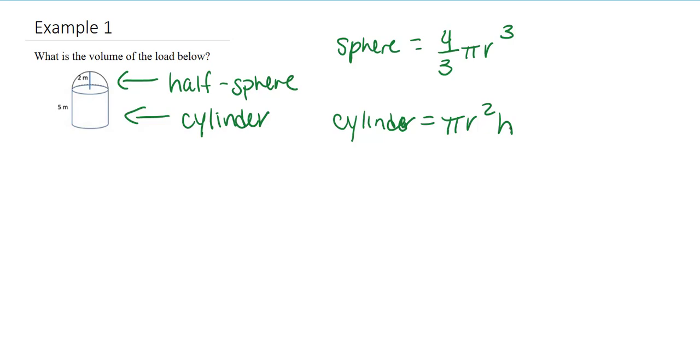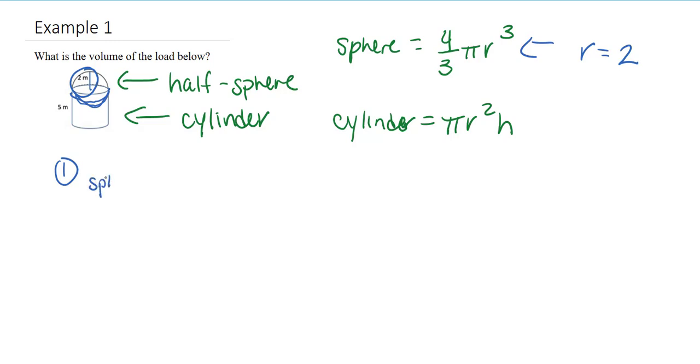So let's first solve for the sphere. We need to know what r is. Well, r is given here, which is 2. Because this is half a sphere, right there would be the center. If you were to say this was the rest of the sphere, that would be the center. So we have a radius of 2.